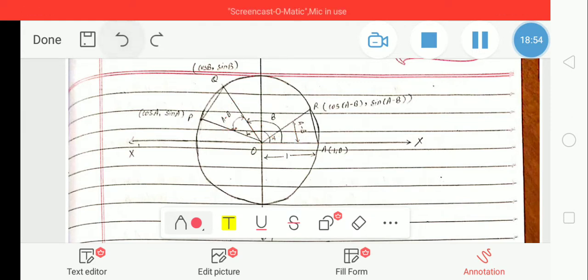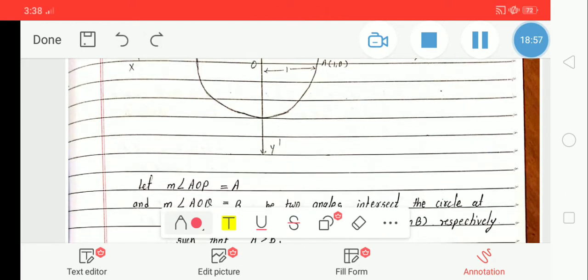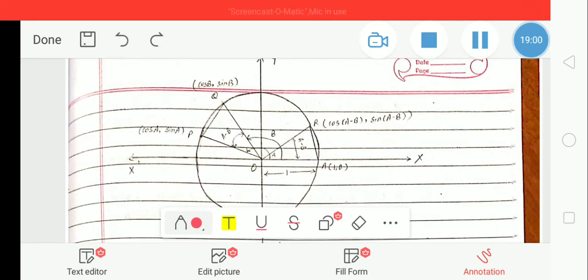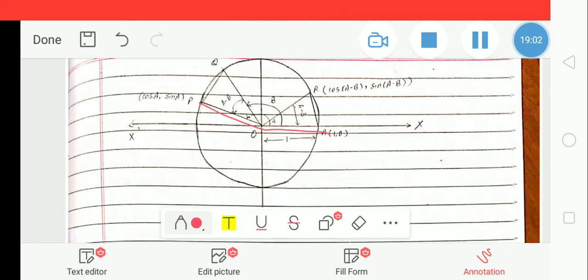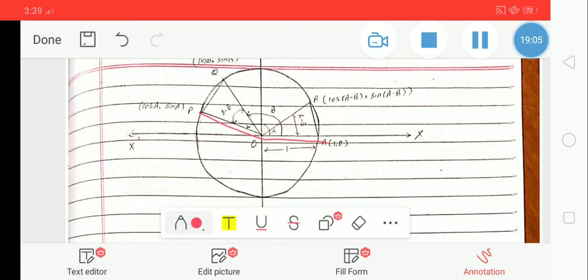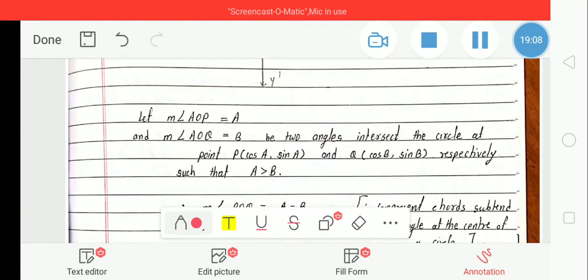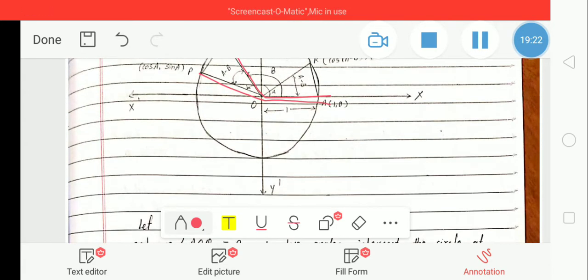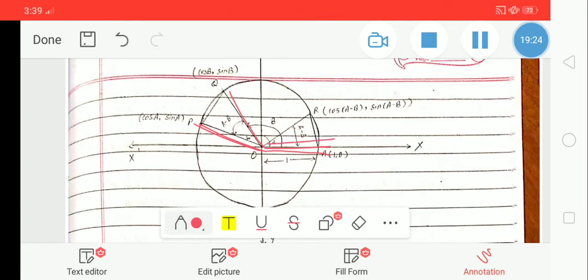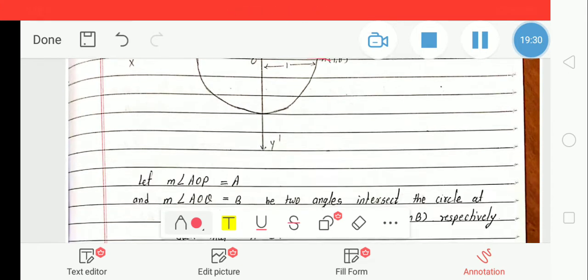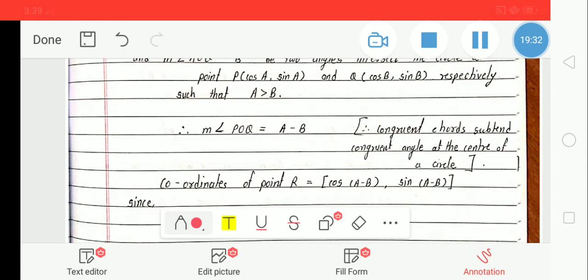Now angle AOP is A, and angle AOQ is B. The two angles intersect the circle at points P (cos A, sin A) and Q (cos B, sin B) respectively, such that A is greater than B. So we know that A is greater than B, because P and Q intersect.